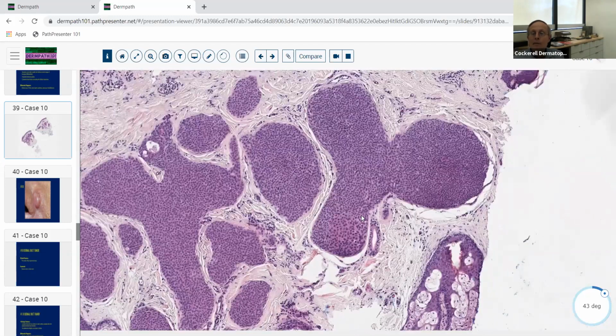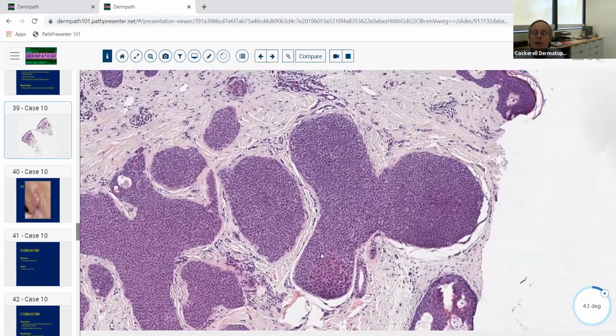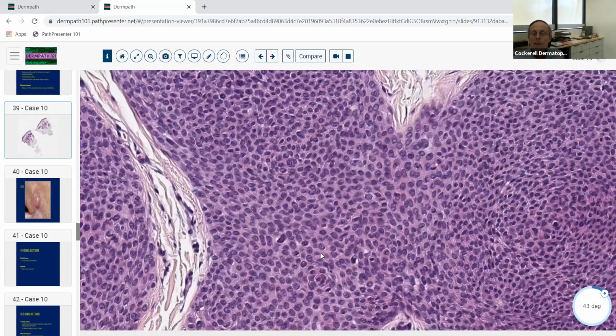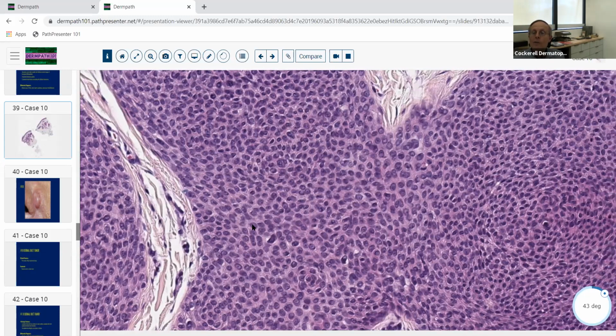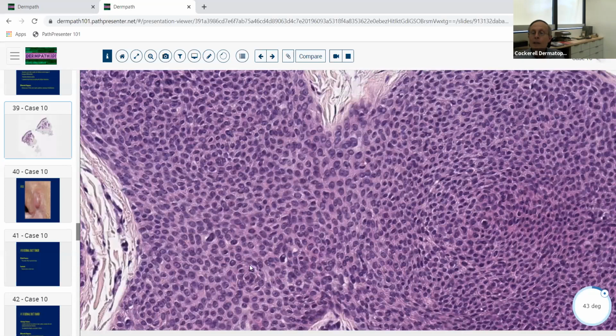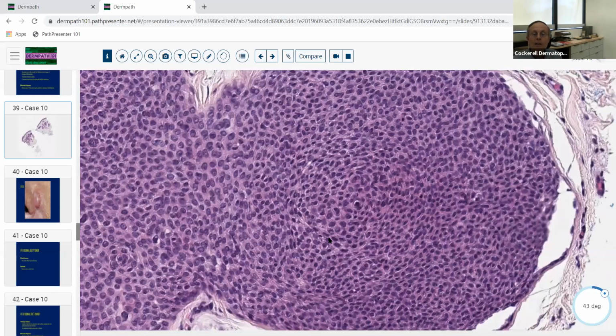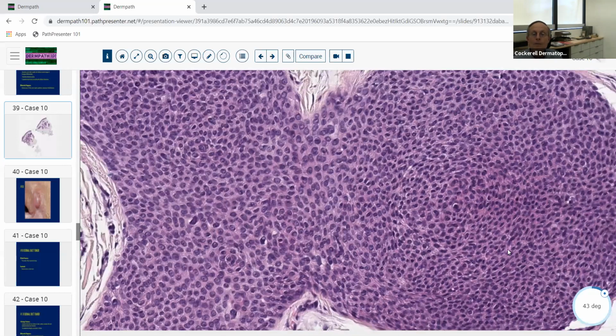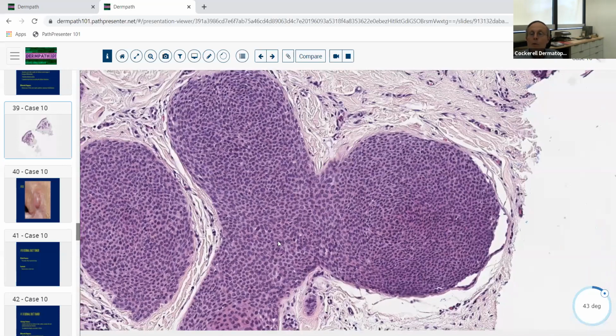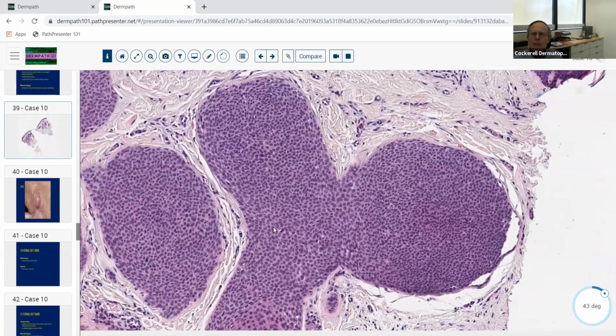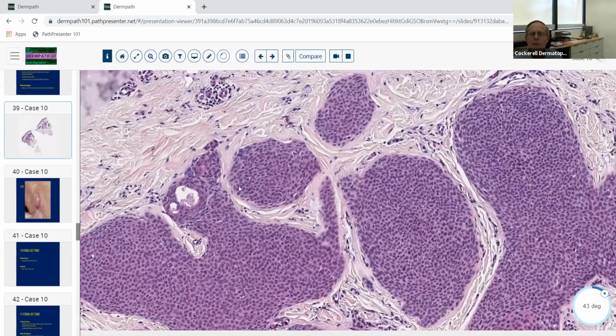And as we go to higher magnification, we've got these very monomorphous cuboidal cells that are basophilic, and some of them have slightly clear staining of their cytoplasm. So this is very characteristic of one specific type of differentiation. I don't know if anybody knows what type it is, but it's very characteristic of this pattern, where the cells are very monomorphous. I wouldn't say ductal, because ductal is right here.